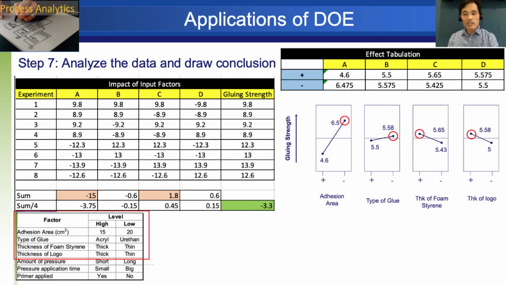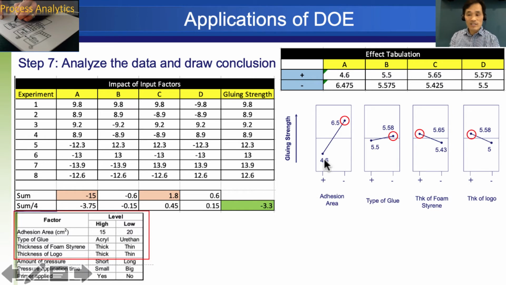Now look at the effect tabulation here. It divides the positive impact from the negative impact. So we have positive together and negative together. In other words, you added the impact, and a negative sign means the absence of the impact.